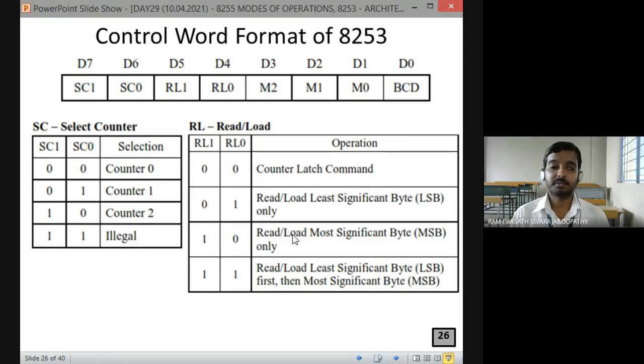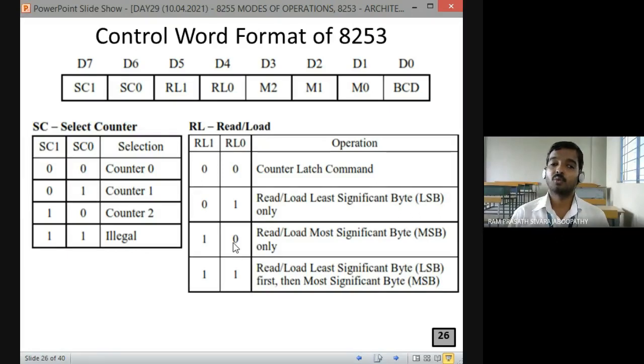Simply put, since there is a 16-bit register, how are we going to write the count? In both combinations 01 and 10, we perform a write only one time. If I keep the higher byte as it is and change only the lower byte, it is 01. If I keep the lower byte as it is and change only the higher byte, it is 10.